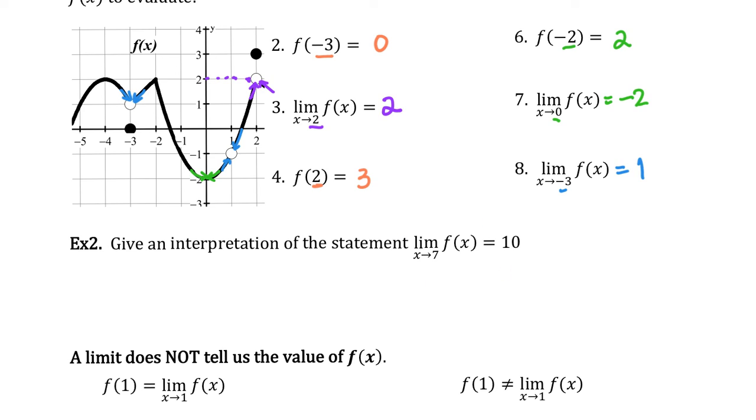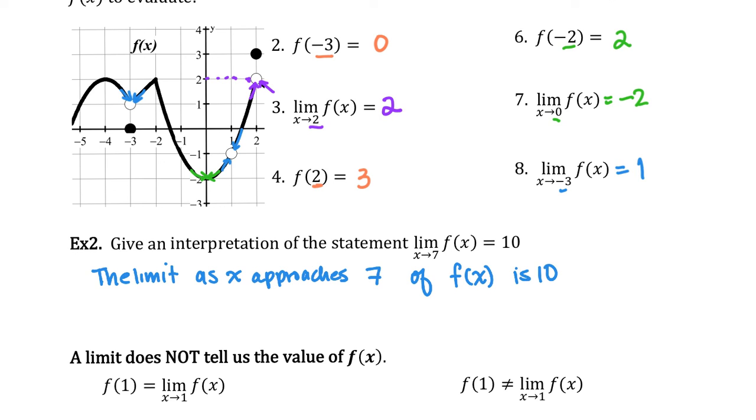They just want you to translate the limit notation into English words. So what is this saying? It says limit x arrow 7. So the limit as x approaches 7 of f of x is 10.